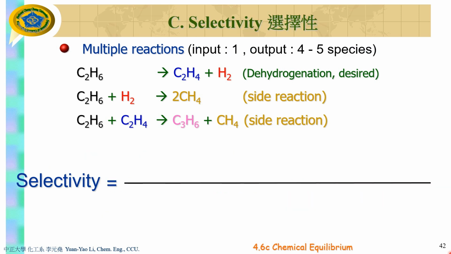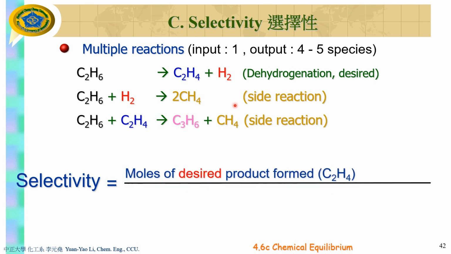And the second term is called selectivity. Selectivity means, if you have 4 products, 1, 2, 3, 4, right? You have 4 products, and then what will the selectivity be? If the selectivity is higher, then you get better. Your reactor is better, right?